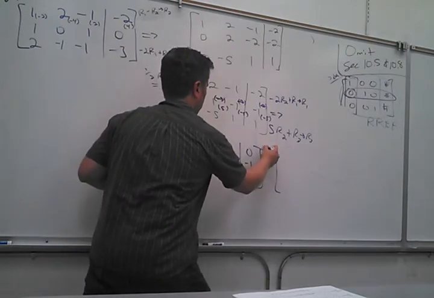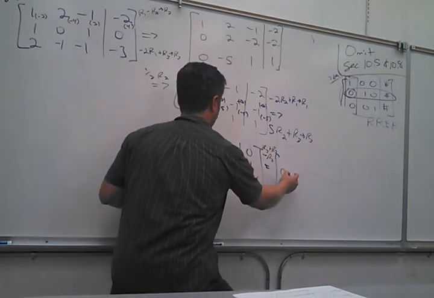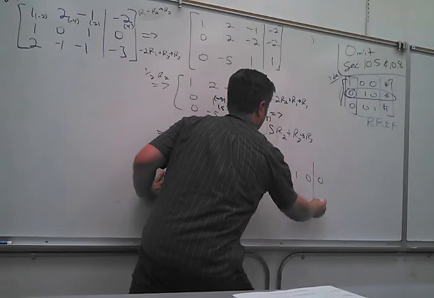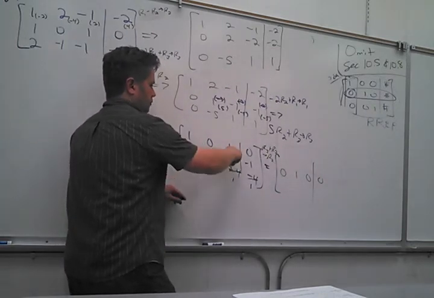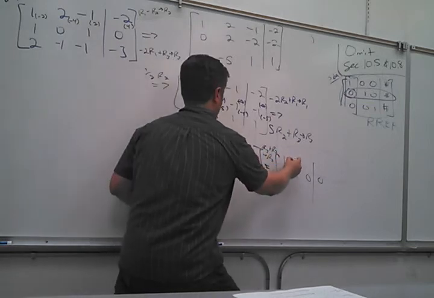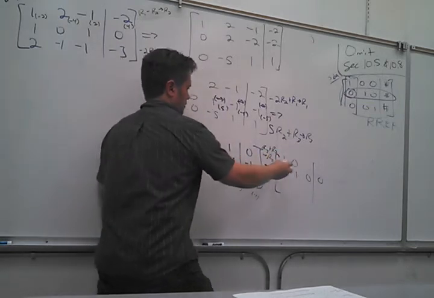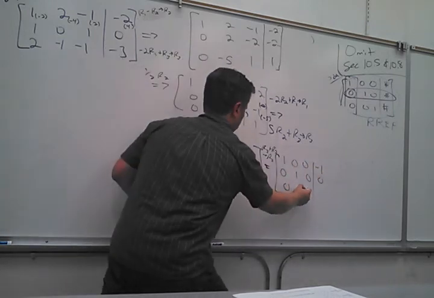Just do row 3 plus row 2. So I get 0, 1, 0, 0. And then do negative row 3 plus row 1. 1, 0, 0, negative 1. And of course the last row is good the way it is.